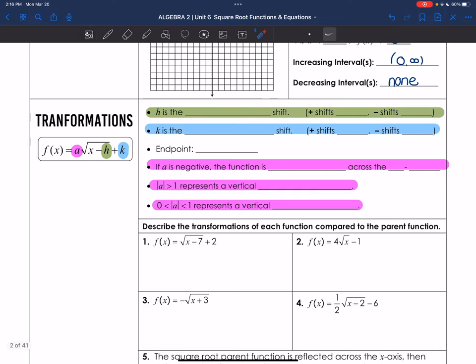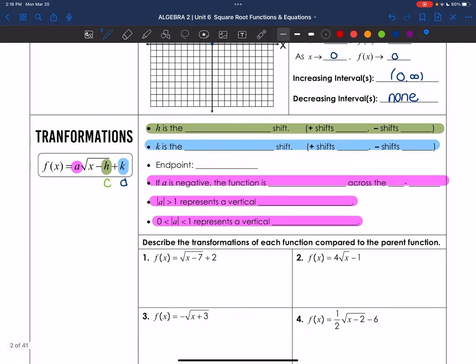And so what causes these transformations are these a, h, and k values. Sometimes you'll see that this h, they could also call it a c, or they could call this k a d. That is sometimes the case, but we are going to mostly use h and k. So h, what is h going to do?